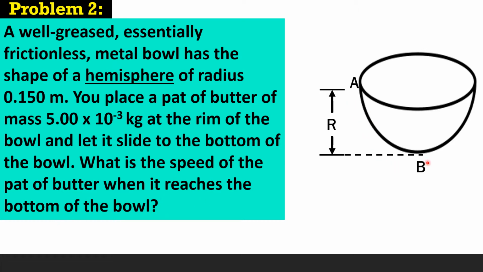So we have here a sketch of that bowl. When you say hemisphere, it's exactly half of the whole sphere. So whatever the radius of the sphere is can be represented here as the distance from point A up to the bottom of the bowl, which we also identify as point B. The radius here is the vertical distance.